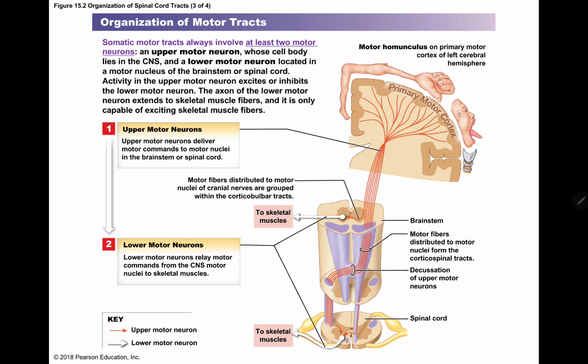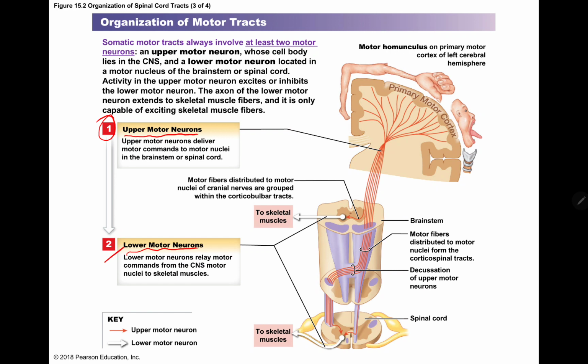When we're looking at the organization of our motor efferent descending tracts, let's remember that our somatic motor tracts always involve at least two motor neurons. We have an upper motor neuron, whose cell body lies within the central nervous system, and a lower motor neuron, which we can see right here, located in a motor nucleus of the brainstem or the spinal cord. Activity in the upper motor neuron excites or inhibits that lower motor neuron.